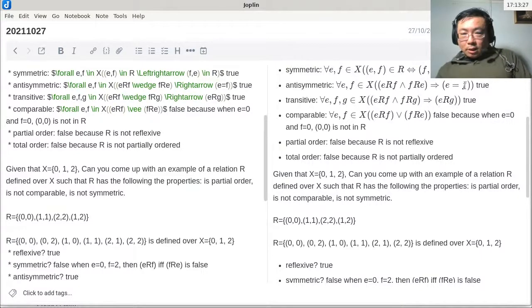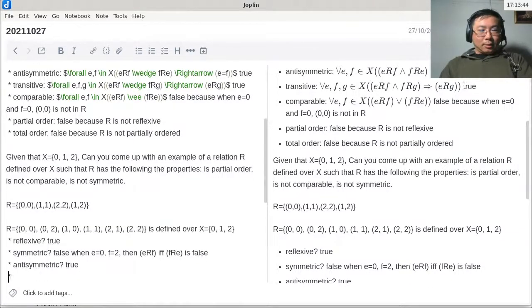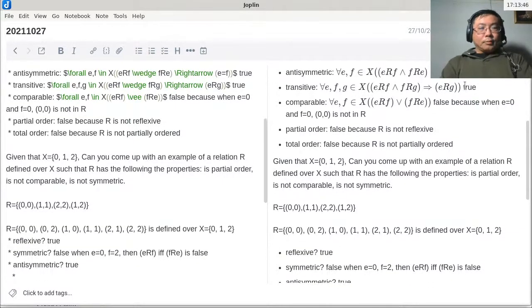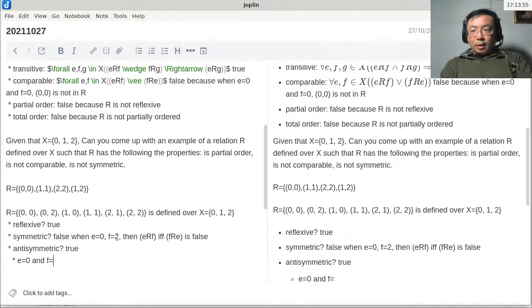The hint is to target the tuples where the first element is not the same, and then see if there's symmetry there. Alright, what about 0 and 1? Okay, let's take a look at that. We'll make it nested. What if E is 0 and F is 1?